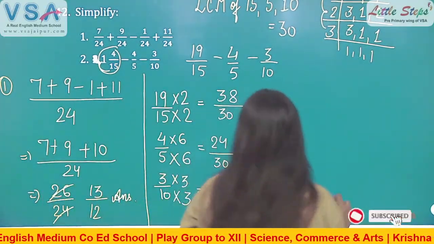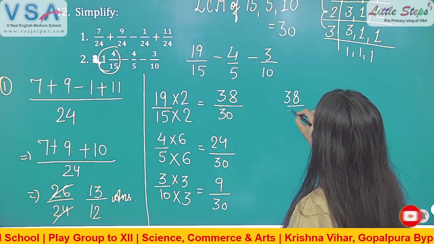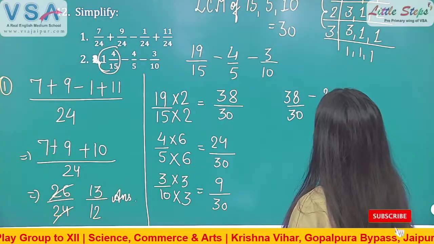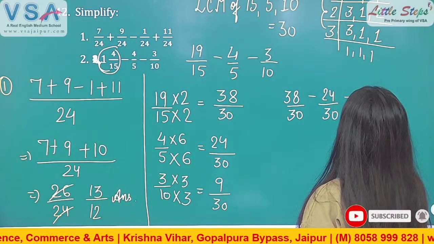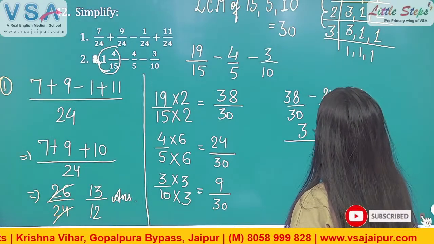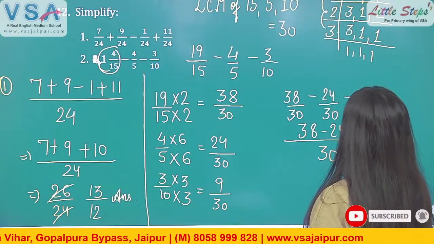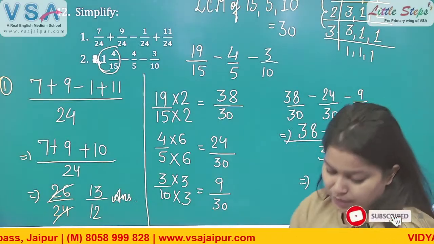What we need to do now, putting all together with the signs, 38 upon 30 minus 24 upon 30 minus 9 upon 30. Basically, we need to subtract all the numbers. 38 minus 24 minus 9. Okay?